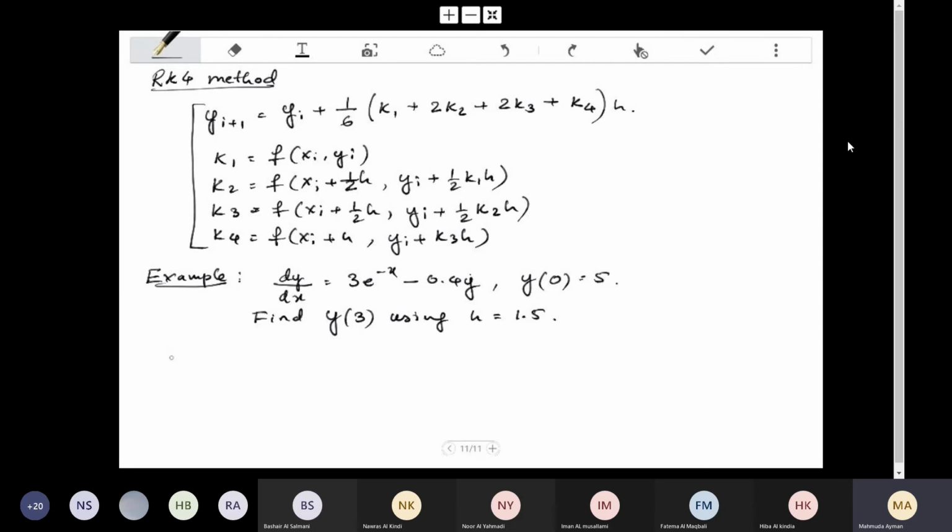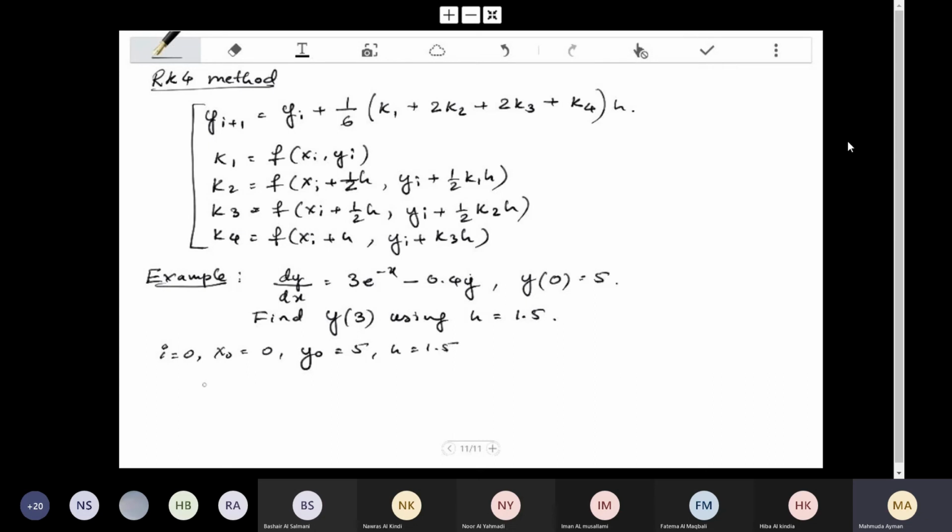When i is equal to 0, you have x0 is equal to 0, y0 is equal to 5, and h is equal to 1.5.